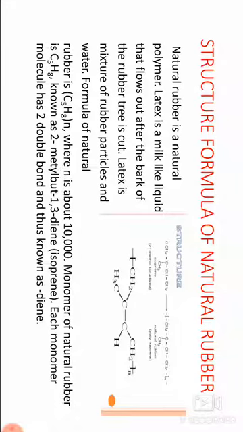The formula of natural rubber is (C5H8)n, where n is about 10,000 units. The monomer of natural rubber is C5H8, known as 2-methyl-1,3-butadiene. This is also called isoprene. Each monomer molecule has two double bonds and is thus known as a diene.